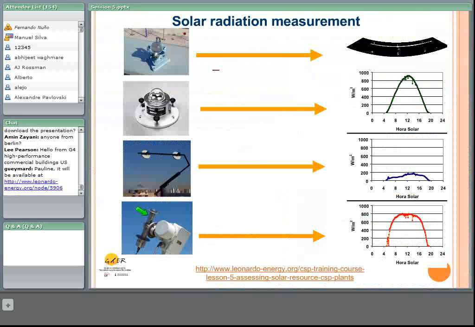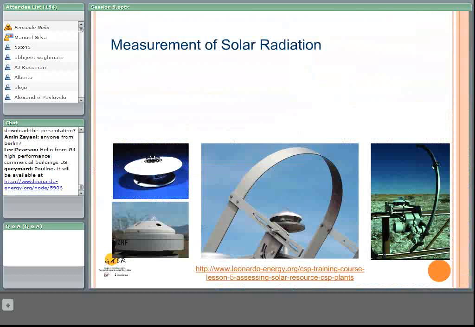Anyway, the recommended instruments are normally these ones, or of this type. Here we can see different pyranometers with different shading devices too. For example, this is a shadow band, and this is just a point blocking device.